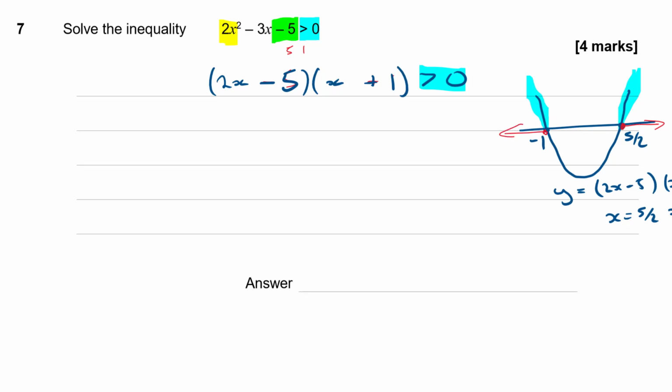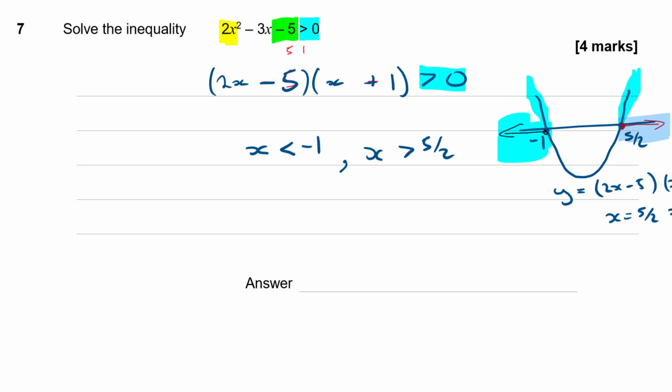So I'm going to have 2 possible regions. I'm going to have x less than -1. That gives me this bit over here, look. And I'm going to have x greater than 5/2, which is going to give me this section up here. Okay? So that's my solution. x is less than -1, or x is greater than 5/2.